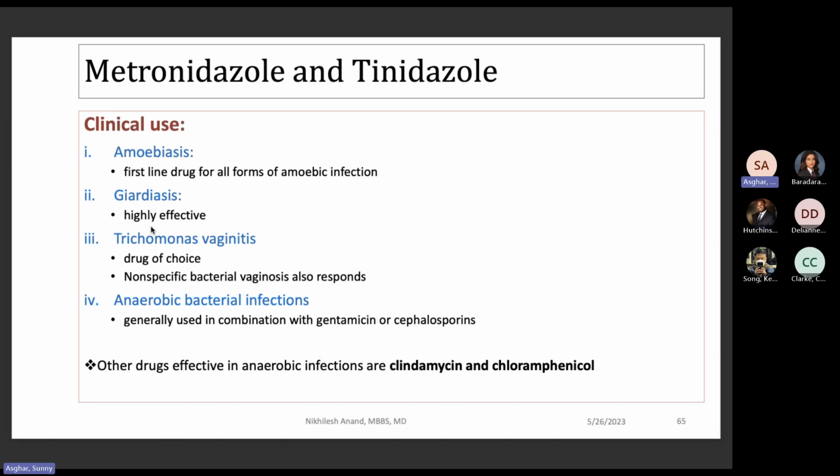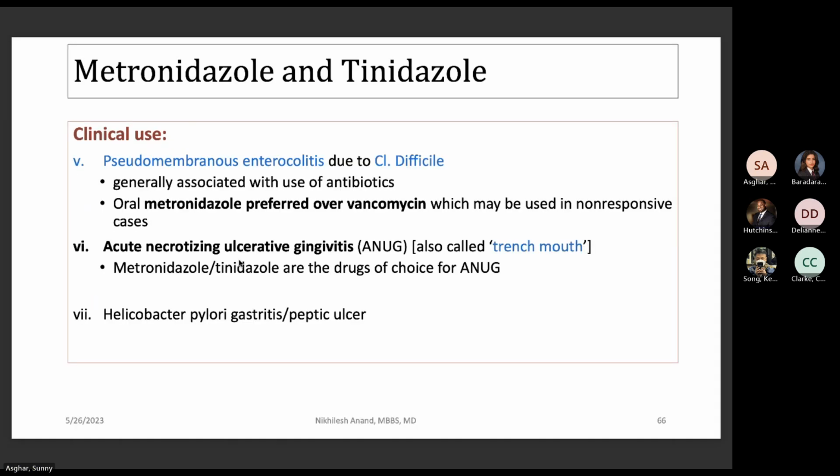You have a drug, you use it, and that's what it treats. But over here, I listed out what specifically you can use these for: anaerobic bacterial infections, vaginitis, trichomonas, which we also learned, and so forth. Another one is pseudomembranous enterocolitis because of C. diff.